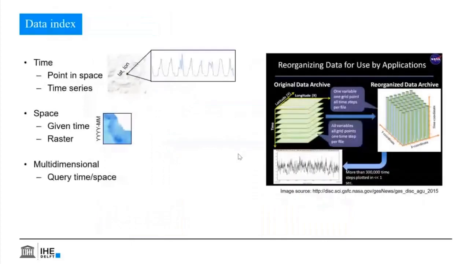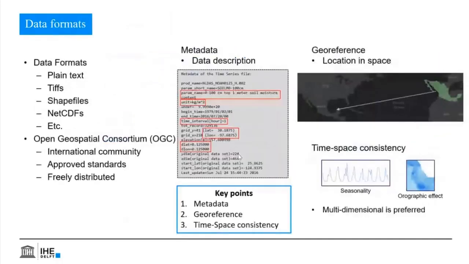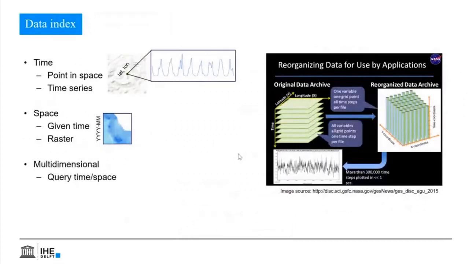So this comes to multi-dimensional data that have both the time dimension and the space dimension. This kind of data is sometimes also called a data cube, which I will show you later.